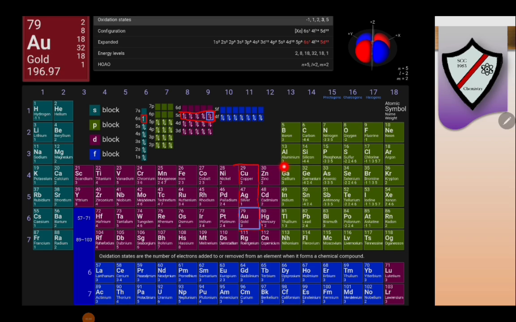So it just prefers this configuration, and all 3 of those elements in that column will display that same behavior at the end of their orbital diagrams. And those are the exceptions, like I said, that I want you to be aware of to the Aufbau principle.